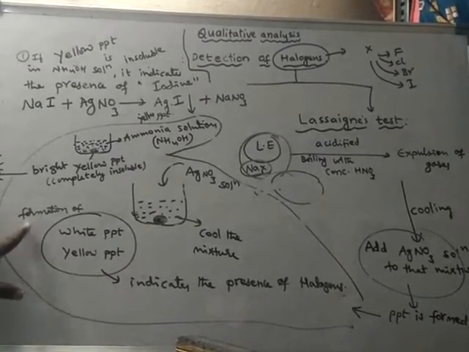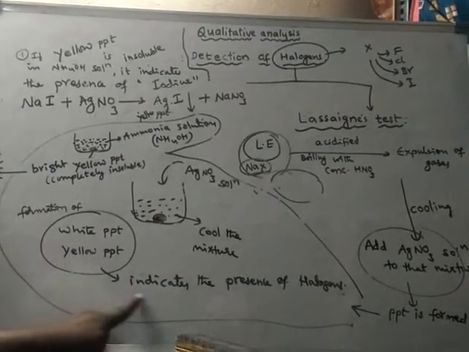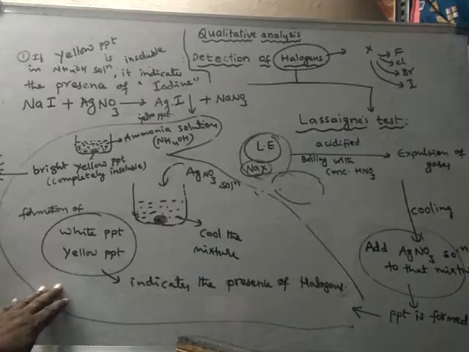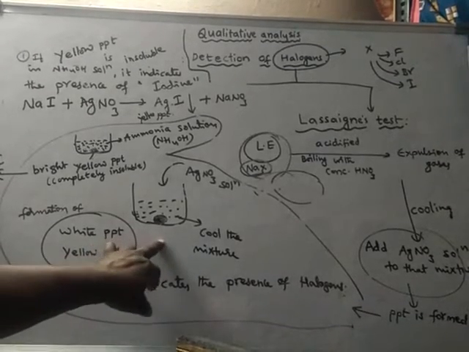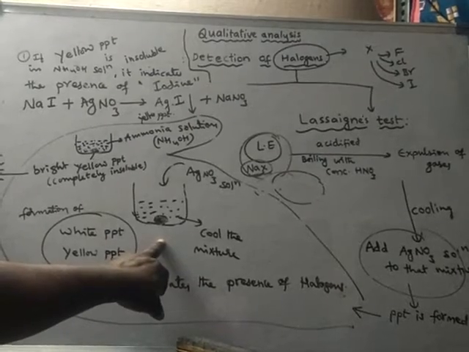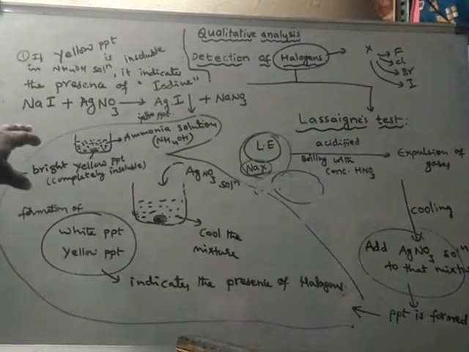So the formation of a white precipitate or yellow precipitate indicates the presence of halogens.